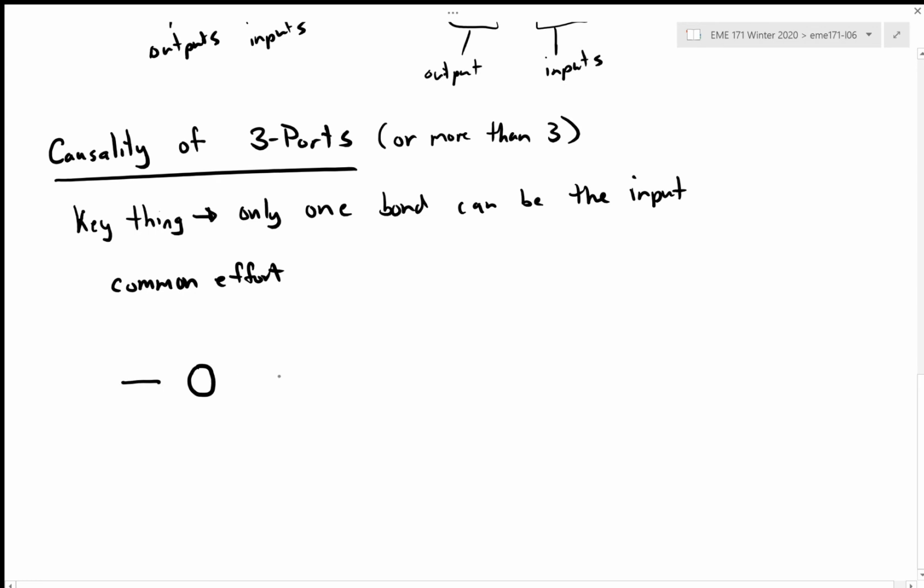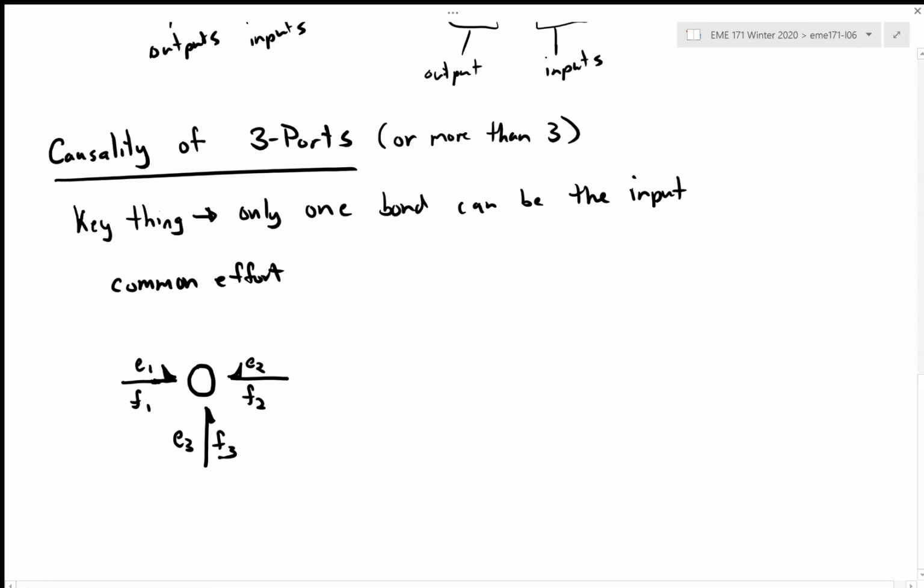So if I add some bonds here, and I am going to add the signs, we're going to have to write the summation of the flows. So I want to use the arrows to set up the sign convention for that summation of the flows.